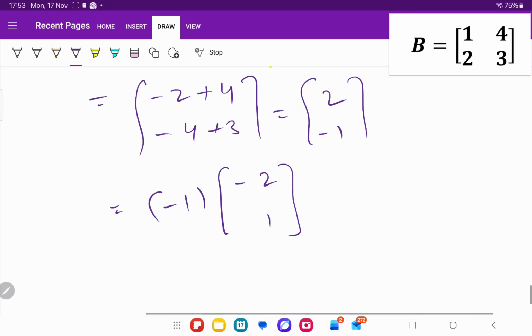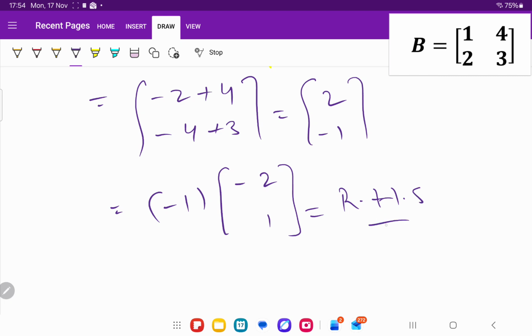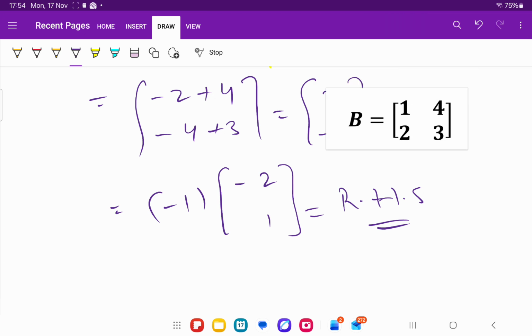So the eigenvector we have identified is accurate, because we started from the left hand side and got the right hand side. That's how we can test, with a simple multiplication of the matrix with your eigenvector: your given matrix multiplied with your eigenvector should give you lambda x.